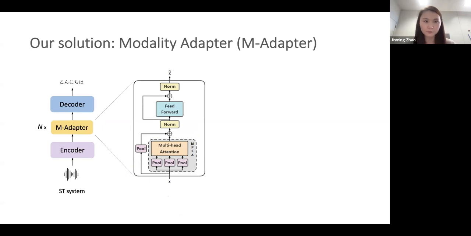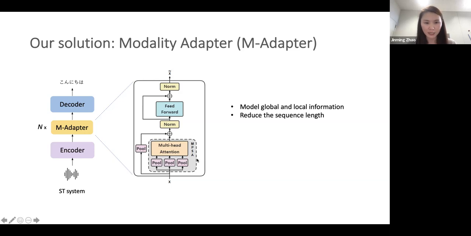To address the problem, we propose the Modality Adapter, short for Adapter. This is a transformer-based architecture combined with convolutional layers. By design, it models both the global and the local dependencies of speech features while reducing the length of the sequence.